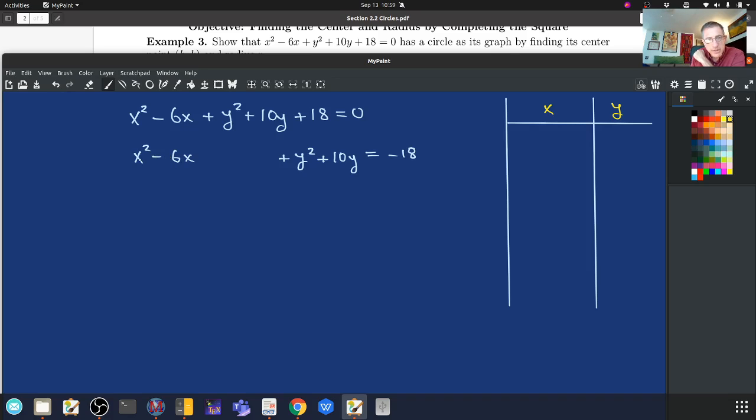So this is x squared minus 6x. This is my b term. B is equal to minus 6 on the x side. Well, what is my b equal to on the y side? B is equal to 10 on the y side.